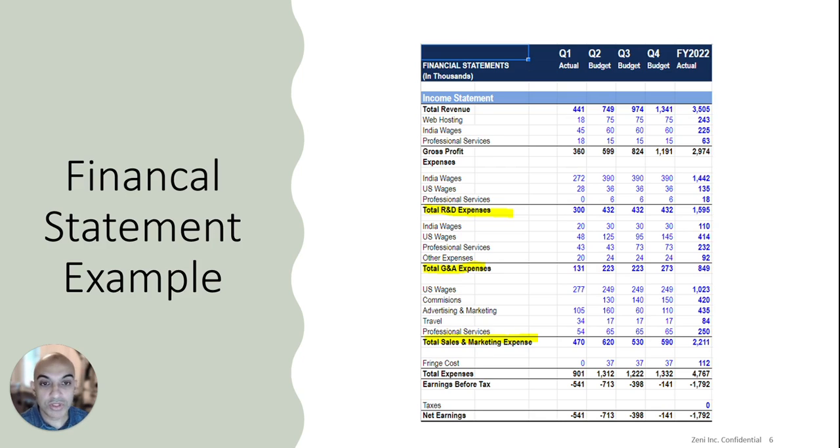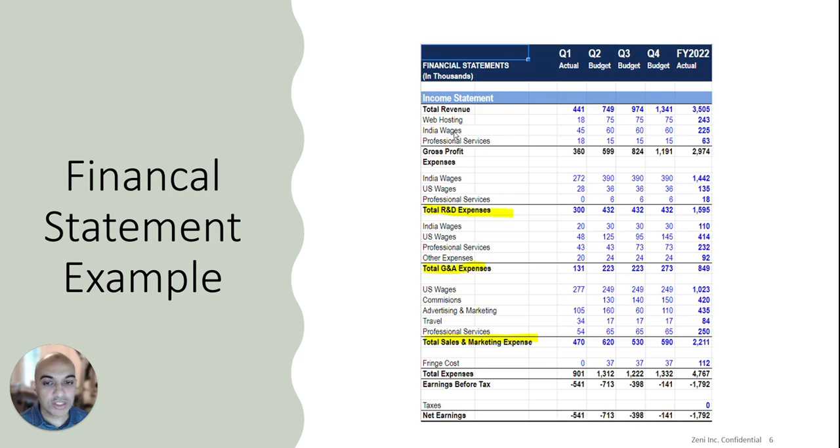This way it helps really tell a true story of your numbers. By presenting it this way, instead of having wages lumped in one sum, you can say, this is a portion of all my wages. This is how much I'm spending in sales and marketing. This is how much I'm spending in G&A, and this is how much I'm spending in R&D.